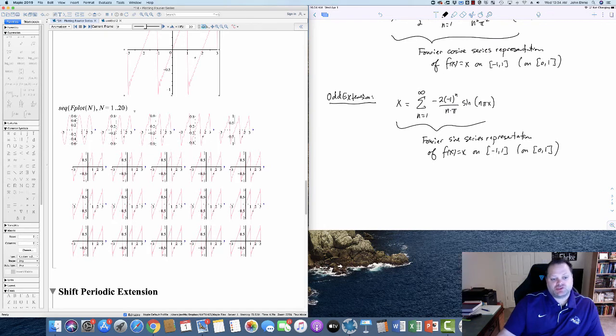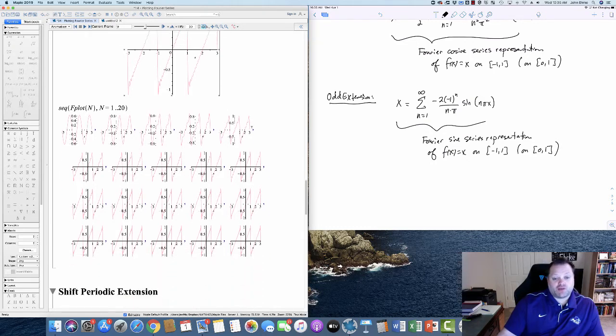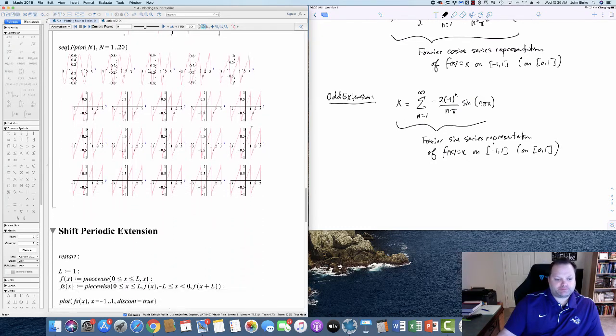You can just do a sequence of plots and then show for the first 20 terms how it gets better and better and better. But no matter how far out term-wise you go, you're always going to have this little overshoot. It's something called Gibbs phenomenon. Notice that it overshoots the value 1 at the jump discontinuity. We'll talk about that a little bit later in this unit.